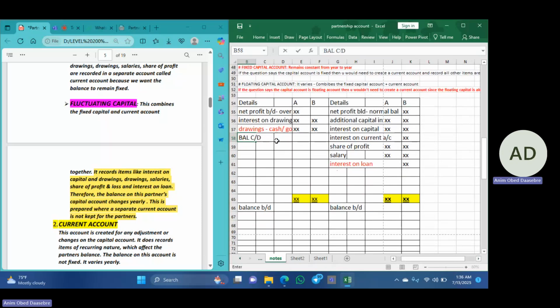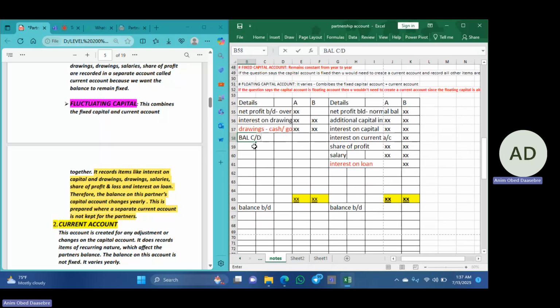That's when the credit side is larger or greater than the debit side. So if the credit side is greater than the debit side, the balance c/d will come toward the debit side, because the credit side is greater than the debit side.